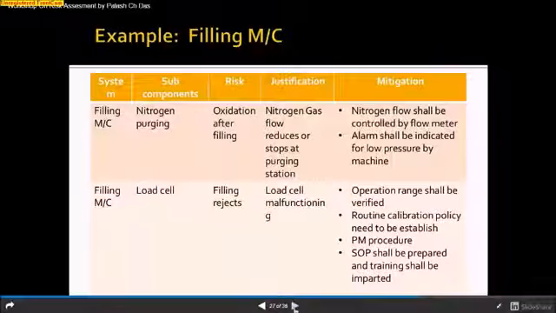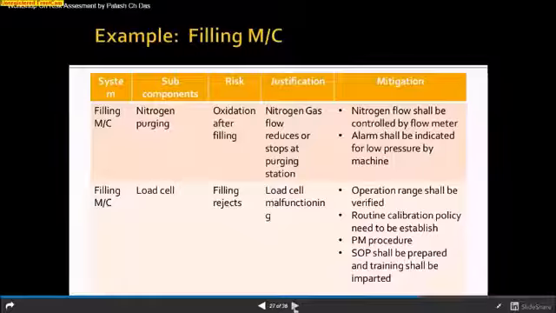And an alarm should come if there is low pressure of nitrogen. You know, most pharmaceutical industries procure nitrogen cylinders, they do not have a generation system. So you should replace the cylinder once the alarm comes, and your system is automatically stopped. That interlock should be in place.